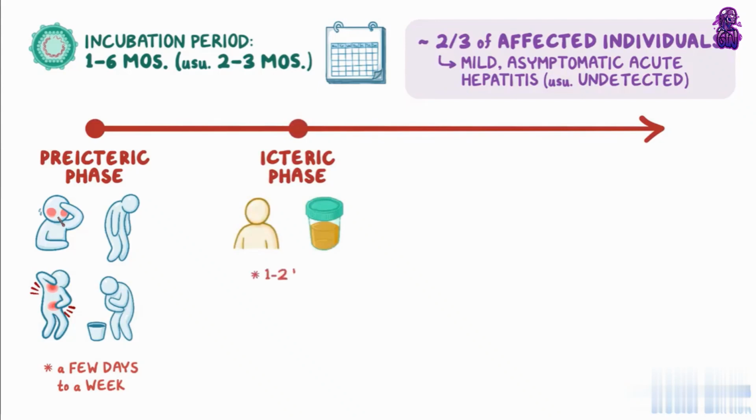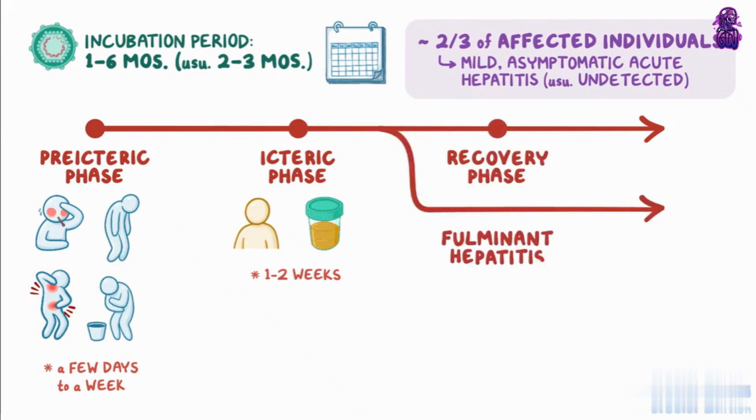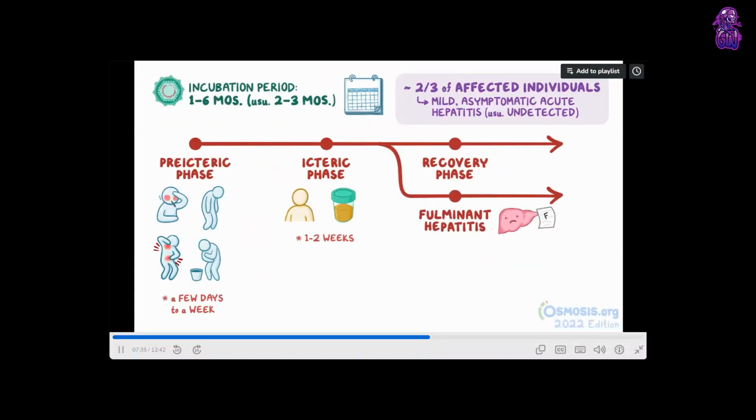It usually lasts 1 to 2 weeks, after which the recovery phase happens. Very rarely, an individual can develop fulminant hepatitis with liver failure, usually marked by sudden fever, abdominal pain, vomiting, jaundice, confusion, and even coma. Symptoms of chronic Hep B are typically similar to the acute hepatitis but milder.